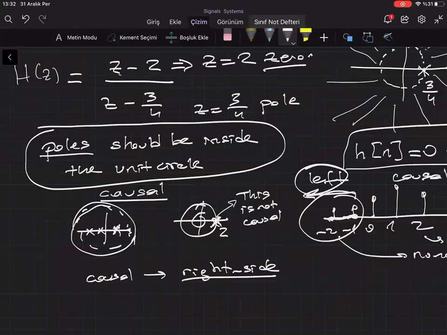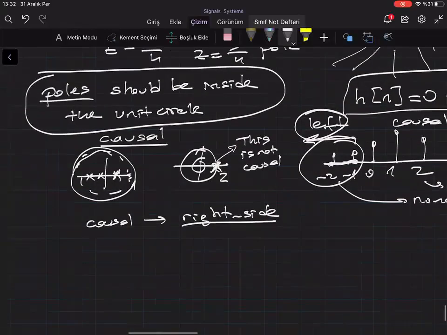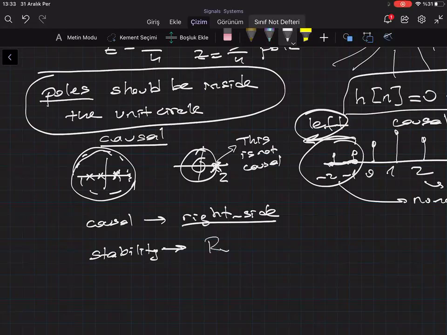Okay. For stability, arkadaşlar, for stable systems, what is my rule? The ROC should include the unit circle.